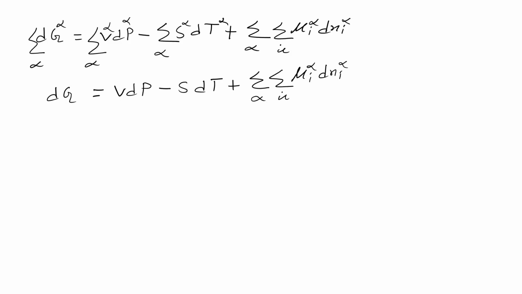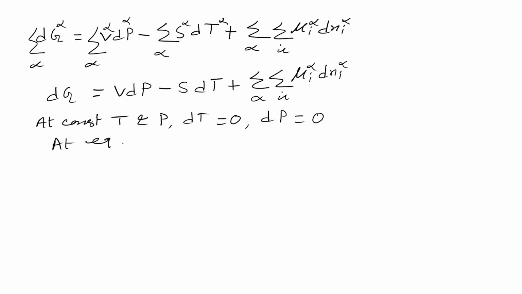Now, at constant temperature and pressure, what can we write? dT is equal to 0 and dP is equal to 0, and when equilibrium is reached, dG will be minimum, equal to 0. Then what can we write from this equation?